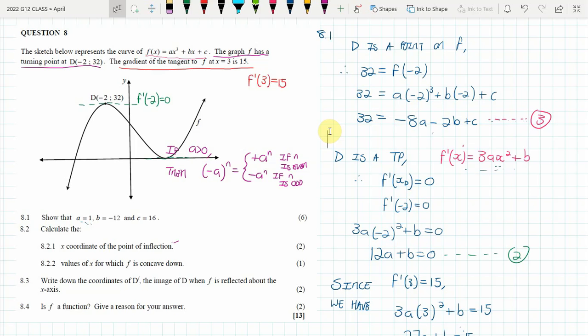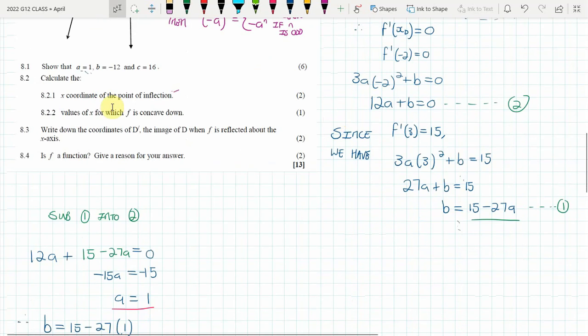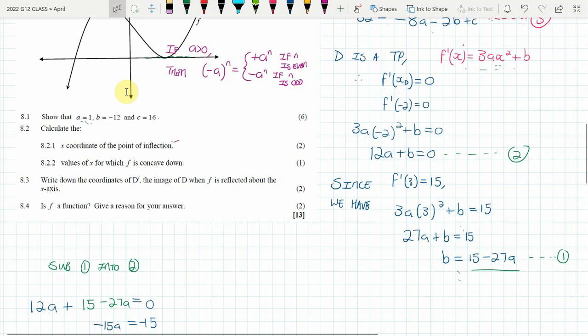You substitute it back into the equation of f. Okay, but that's if we needed the y coordinate of the point of inflection, we're gonna substitute the x value into f. But they only want the x coordinate. So we need the derivatives.